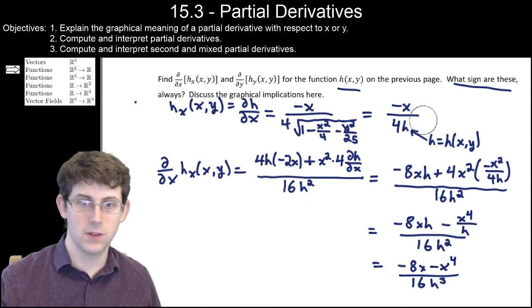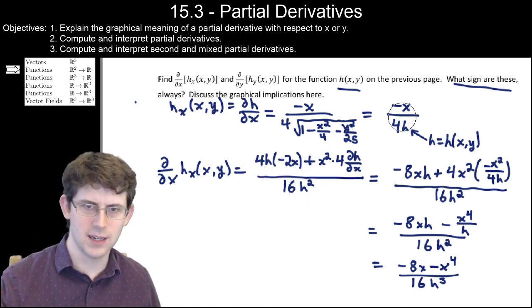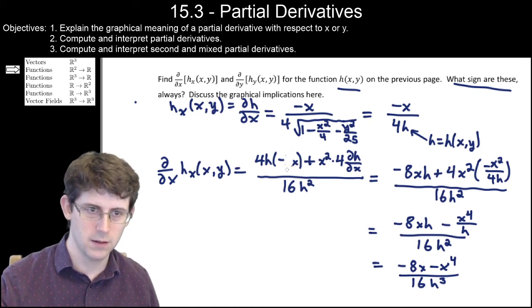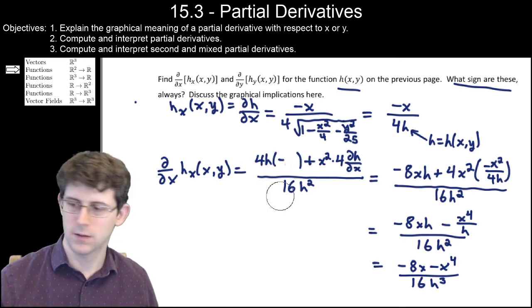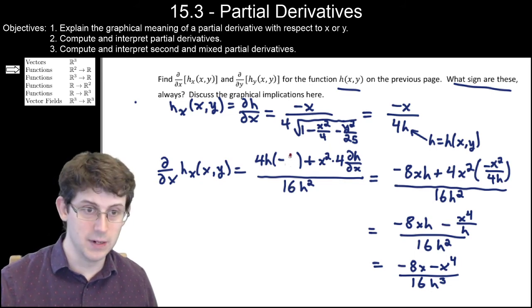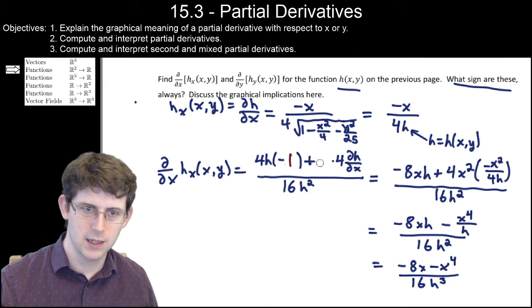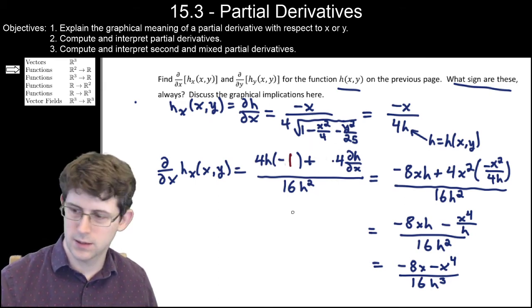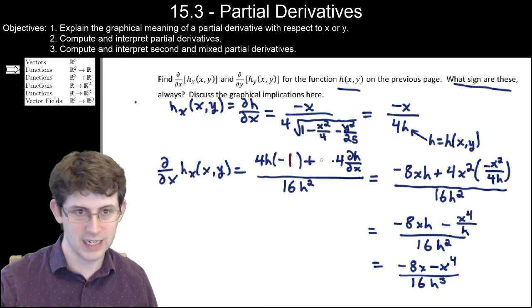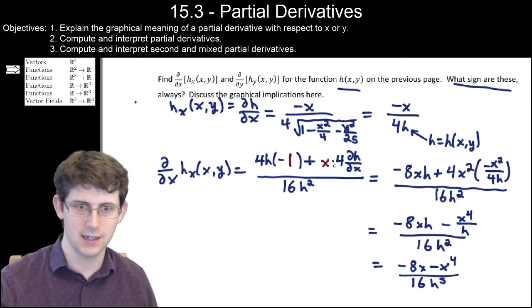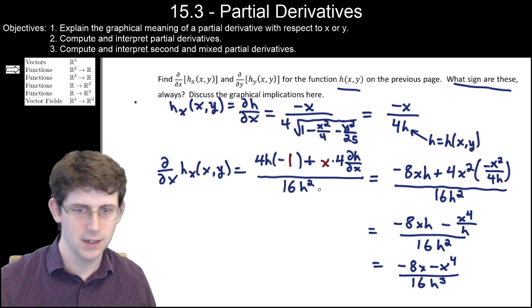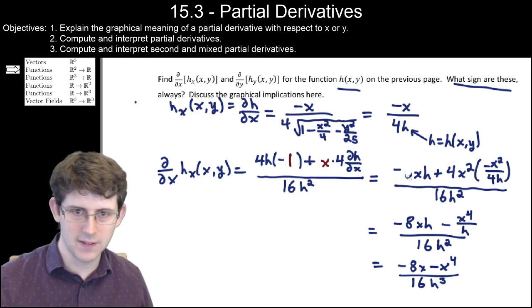Now when we do the quotient rule, I'll have 4h times the derivative of the numerator. That's 4h times minus 1, plus the numerator, so it's minus x, so I get plus x times 4 partial h partial x. Okay, so what do I have here? I'm going to have minus 4h as the first term.